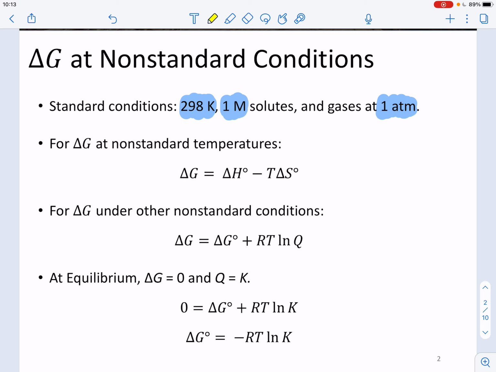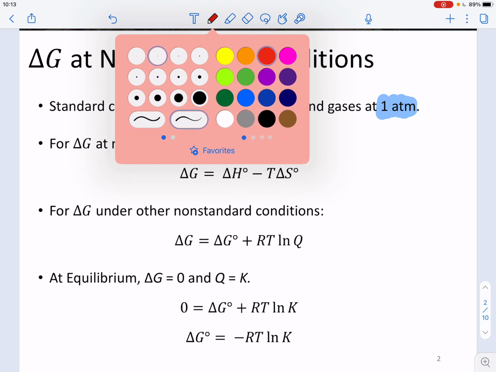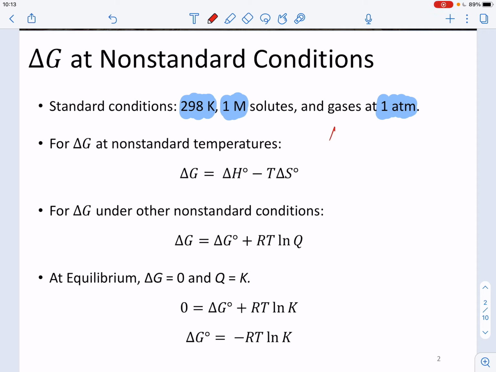Now think about calculating a K, for a process as simple as A goes to B. K equals concentration of B over concentration of A. Under standard conditions, the concentrations have to be equal to 1. So this is 1 over 1. It means that under standard conditions, K is equal to 1.